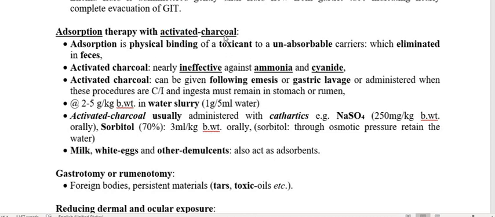When you give activated charcoal through the oral route, we give it as a water slurry, mixed in water, to the poisoned animal by oral route.